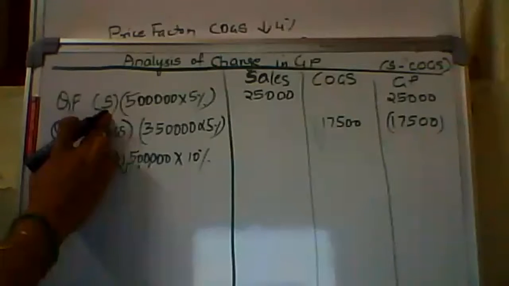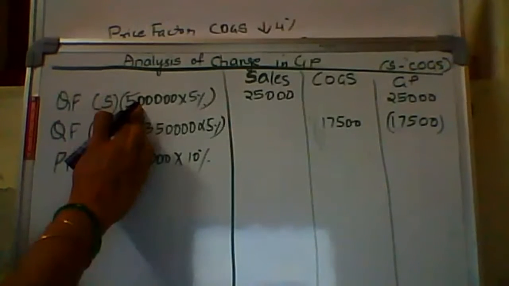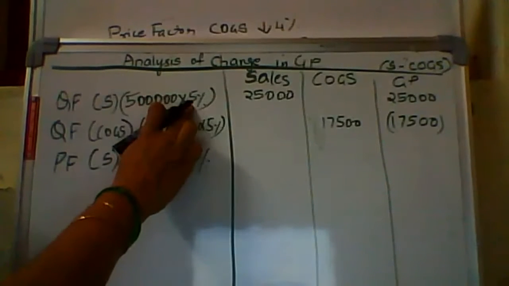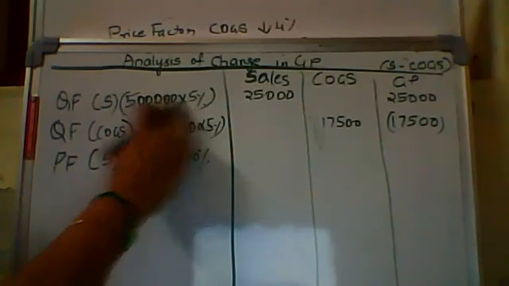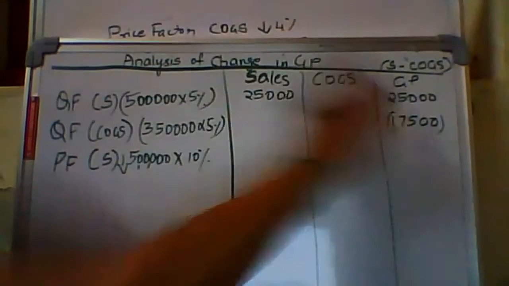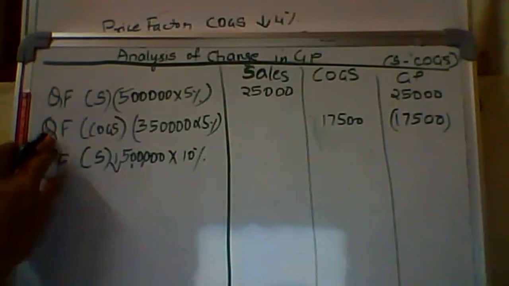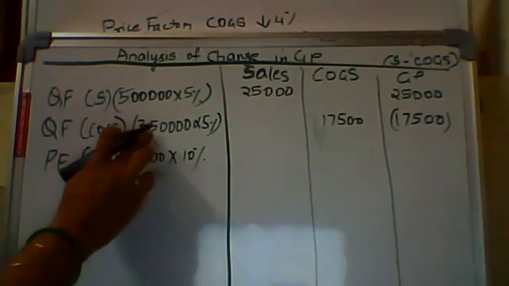Quantity factor on what? On sales. How much is the sales of 2001? 5 lakhs. What is the percentage increase in the quantity? 5%. 5 lakhs into 5% is 25,000, and gross profit I'm putting as 25,000.